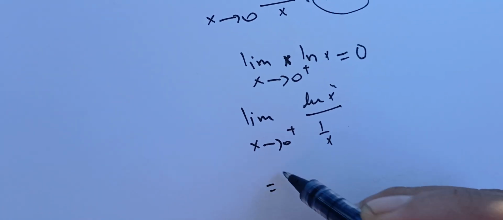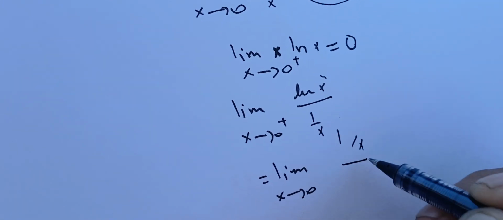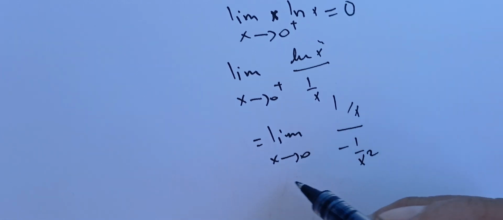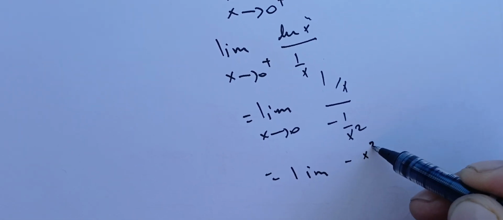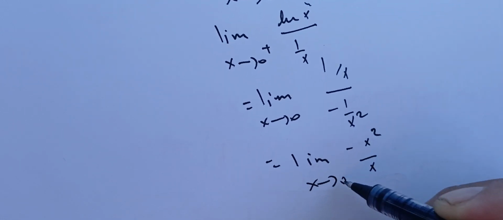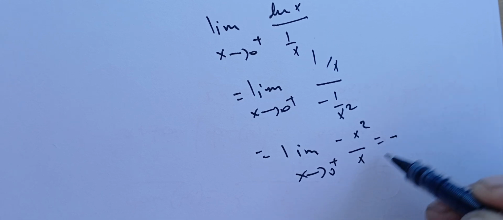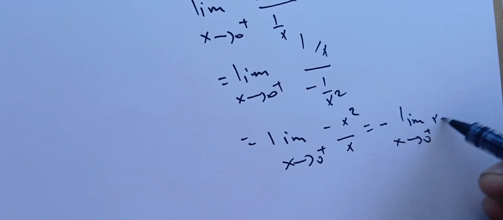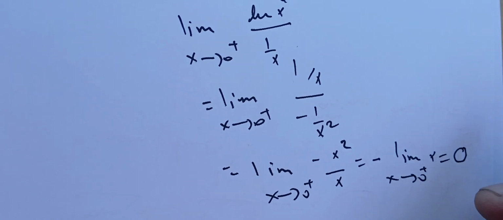Once we do that, we have the limit as x goes to 0 of 1 over x over minus 1 over x squared. Here we can simplify one more step, so we have minus x squared over x as x goes to 0 plus. So it's minus the limit of x as x goes to 0 plus, and this is simply 0. So this is a quick way of proving that.